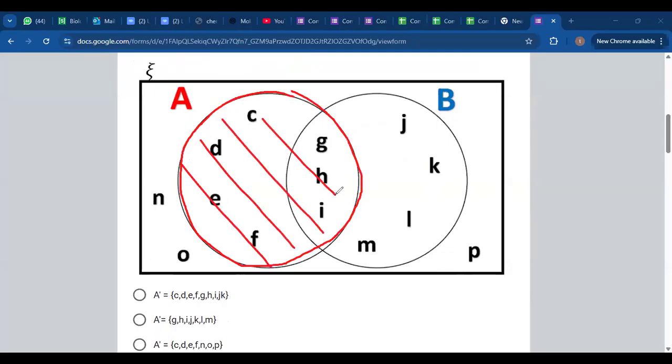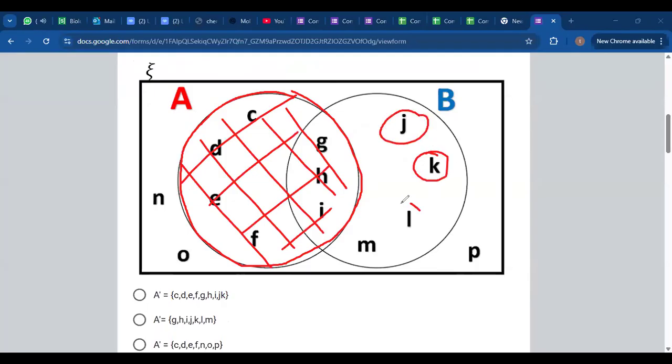What that means is, if we don't include this, then we include everything else. So that's J, K, L, M, N, O, P. Which one is that? That's the last one all the way at the bottom.